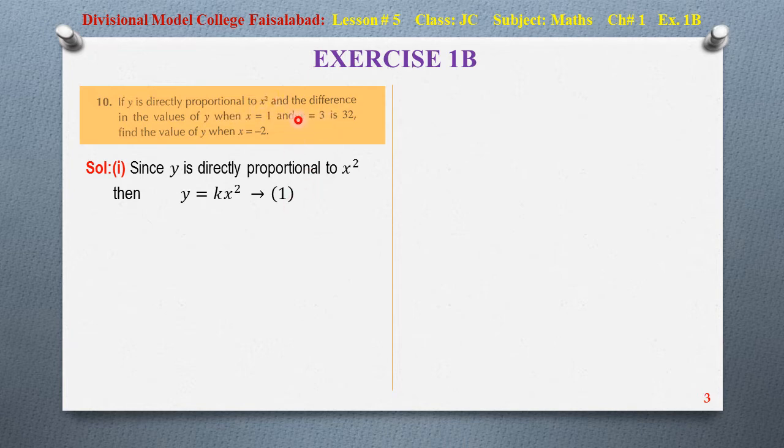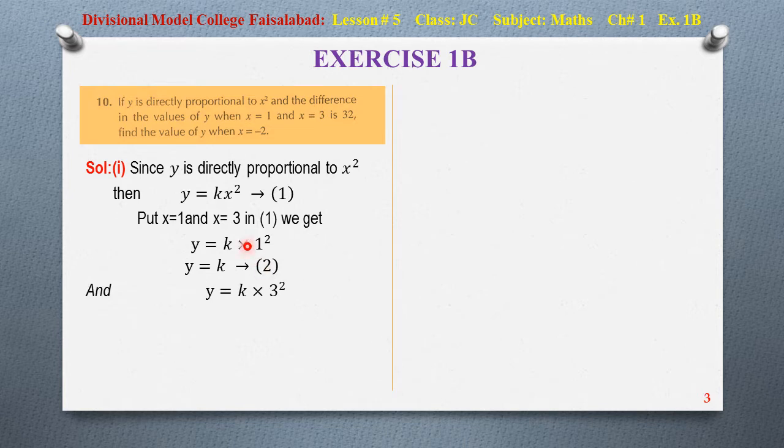So put x is equal to 1 and x is equal to 3 in equation number 1 to get two values of y. When we put x is equal to 1 we get k into 1 square and 1 square is 1. So first value of y when x is equal to 1 is y is equal to k. We name this as equation number 2. And when we put x is equal to 3 we get y is equal to 9k. We name this as equation number 3.